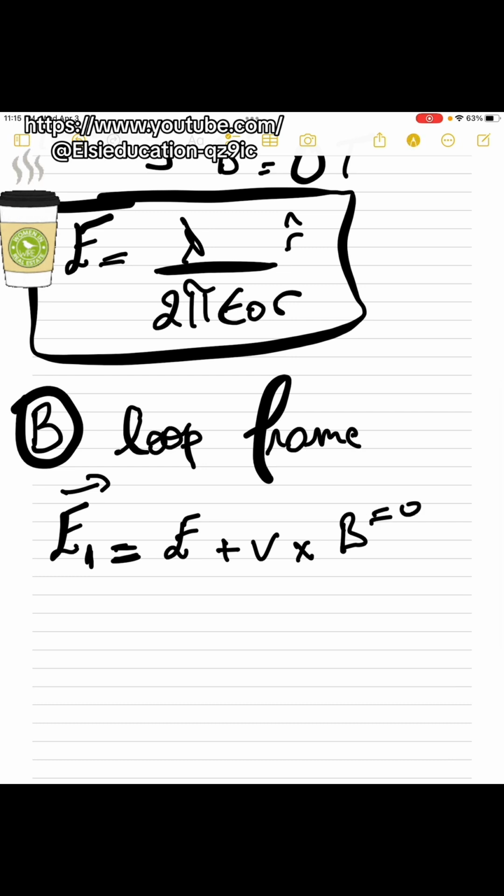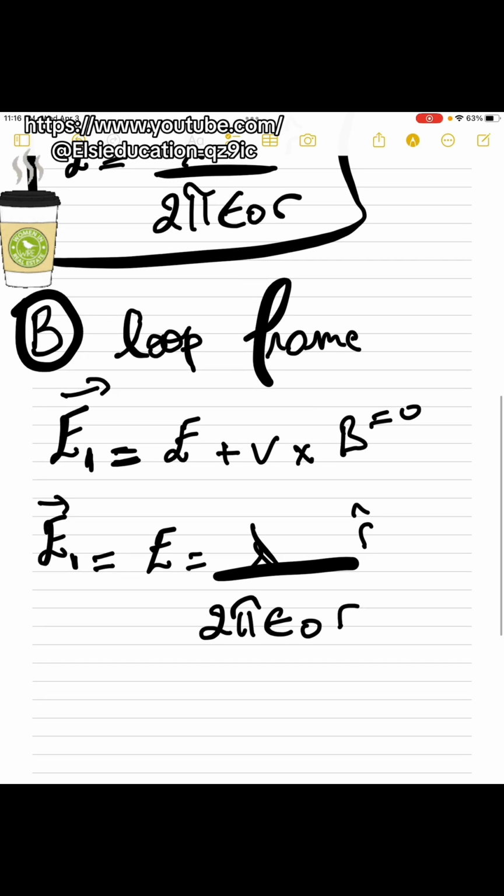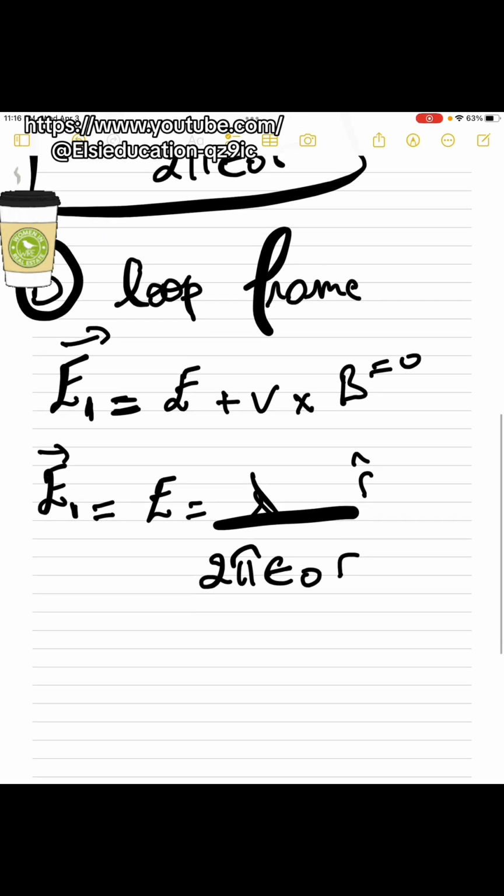The magnetic field equals 0, so the electric field in the loop frame is equal to the linear density divided by 2 pi constant multiplied by the distance from the center divided by the radius squared. This is for the electric field.